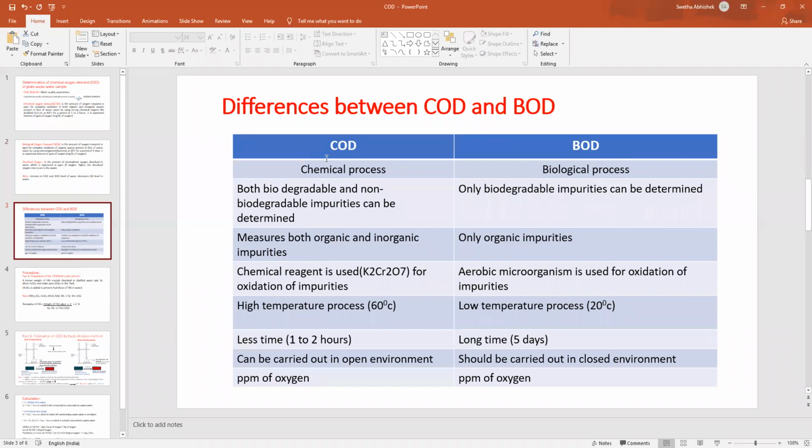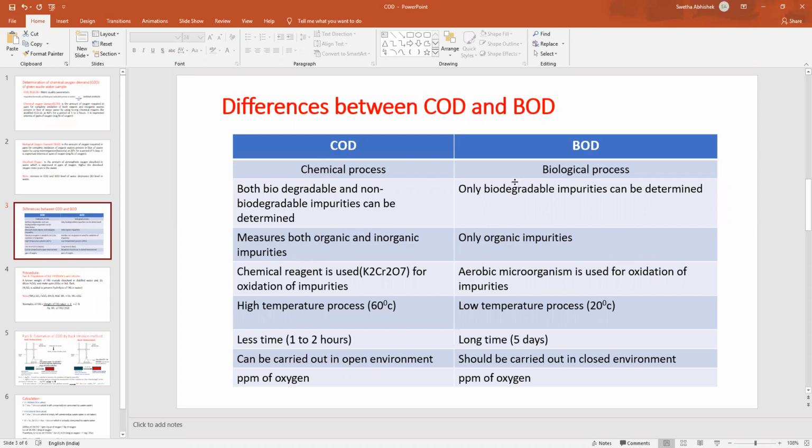In the definition itself, we have discussed that COD can be used to determine both organic and inorganic impurities, which are both biodegradable and non-biodegradable. Whereas BOD is a biological process which can be used to determine only biodegradable impurities that constitute only organic impurities. Remember, when you determine COD and BOD, COD is always greater than BOD.